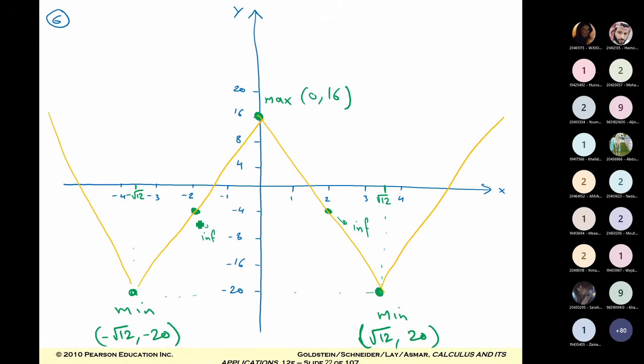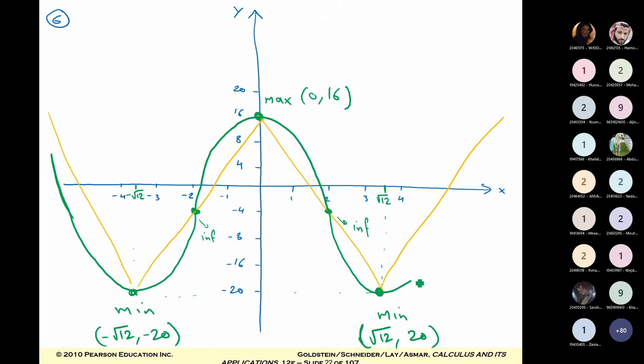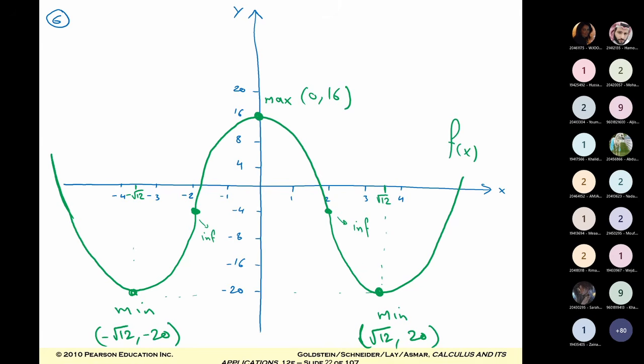So we have concave up from minus infinity to minus 2, and from negative 2 passing through the maximum to 2, this is concave down, and from 2 to infinity passing through the minimum, this is concave up. Okay, so this is the graph of f of x using the data: maximum, minimum, inflection points, increase, decrease, and concavity.